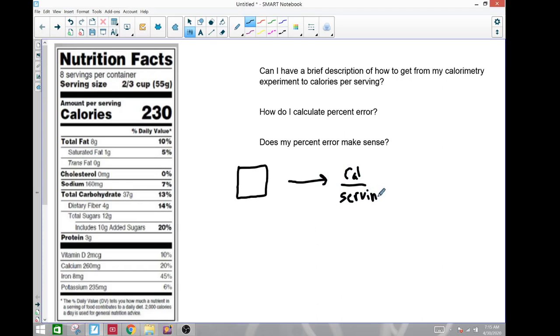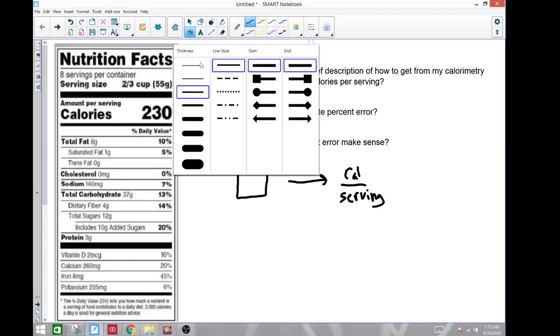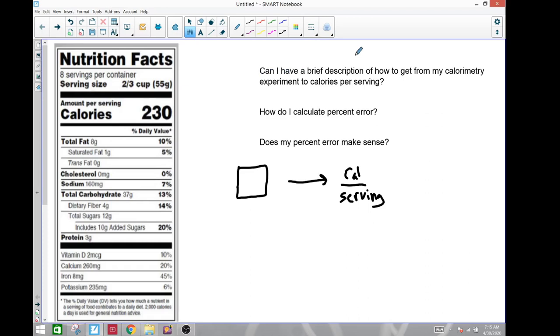The reason I'm going to calories per serving is so that I can compare apples to apples. I wouldn't want to compare calories per gram to calories per serving. I could convert this calories per serving to calories per gram, and compare my experimental data in calories per gram to it.